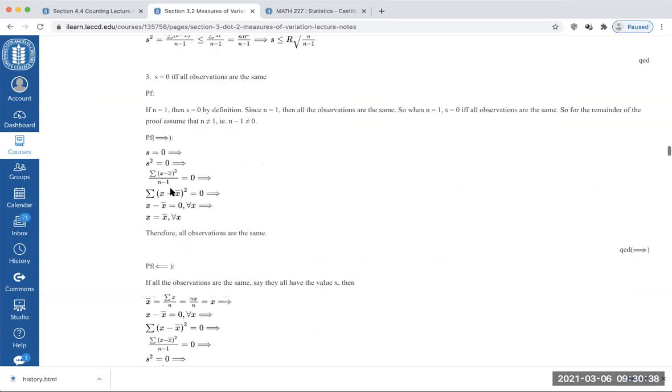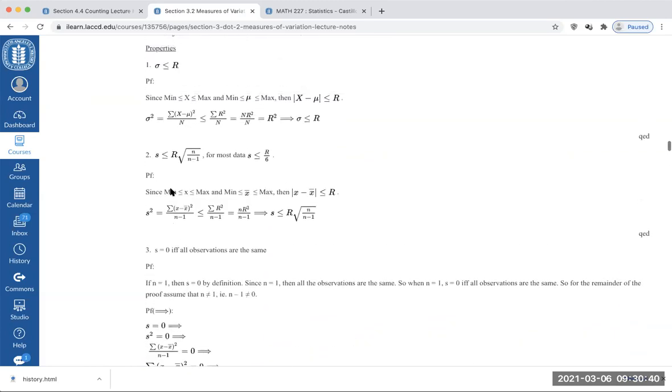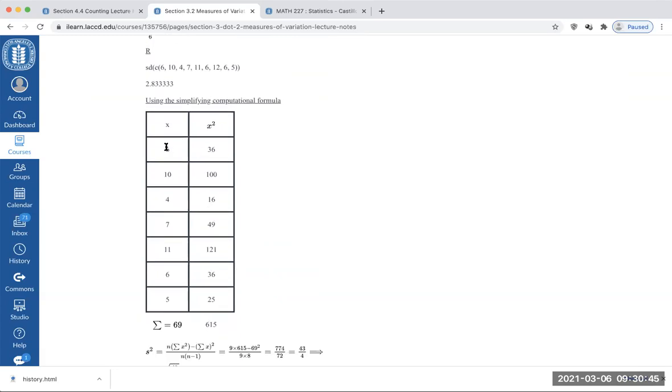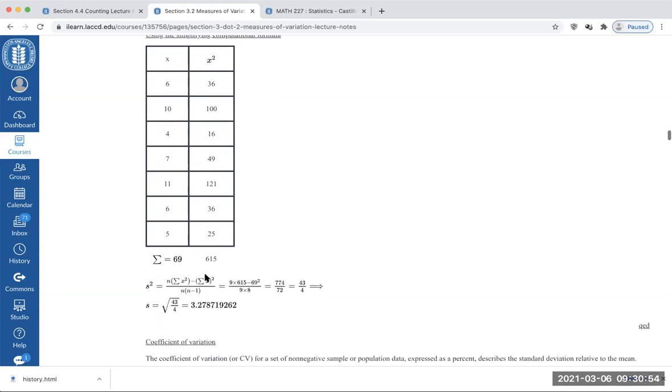Which one are you referring to? Just a little bit more above that one. So n is 7, not 9? Yeah.